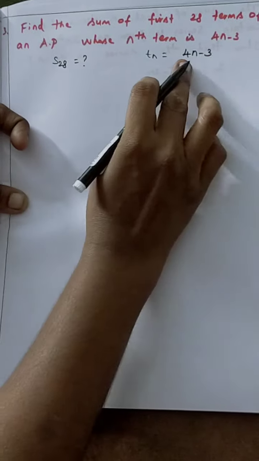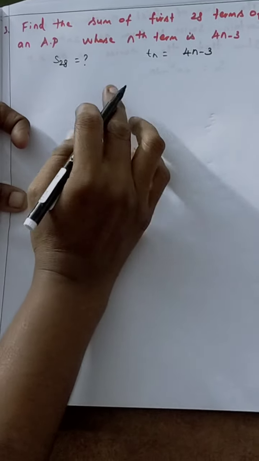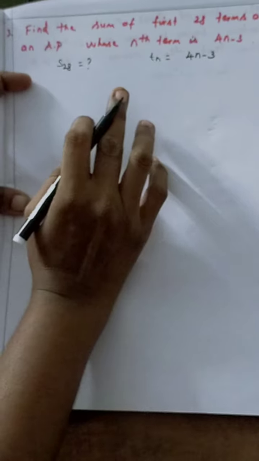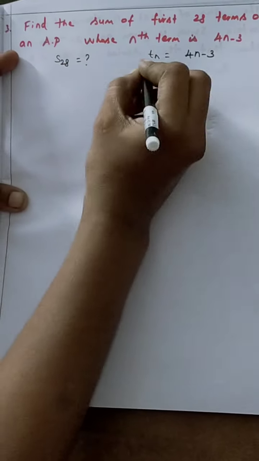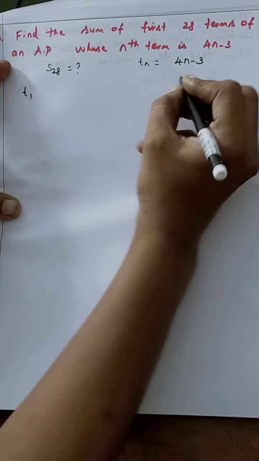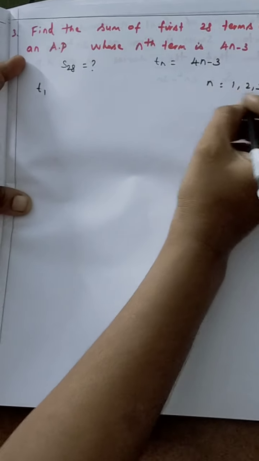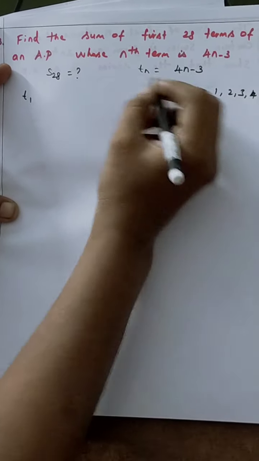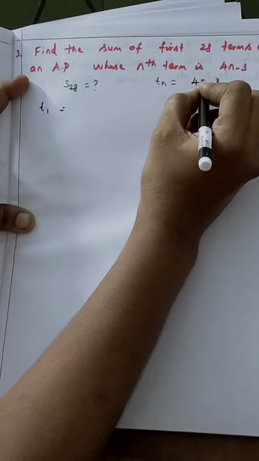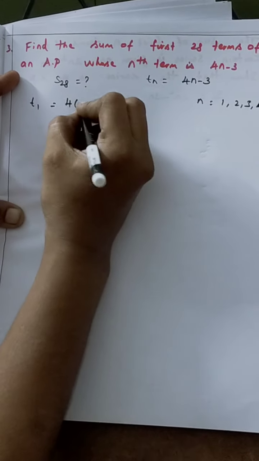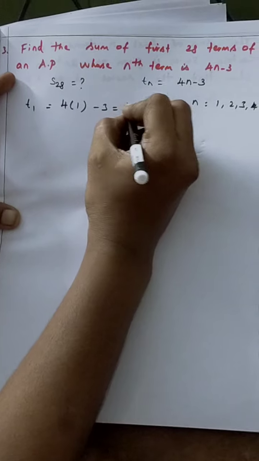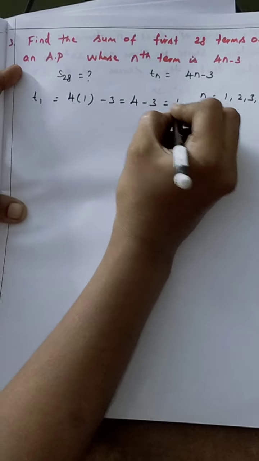Okay, so Tn is 4n minus 3. First of all, find out the sequence. Find out 3 terms only. So first term T1, substitute the value n equal to 1, 2, 3. T1 equal to 4 into 1 minus 3 equal to 4 minus 3 equal to 1.